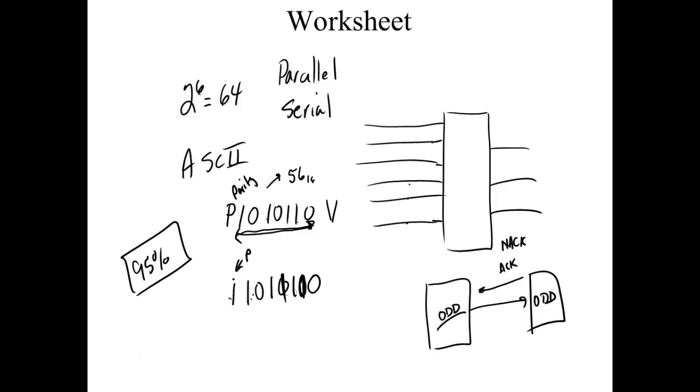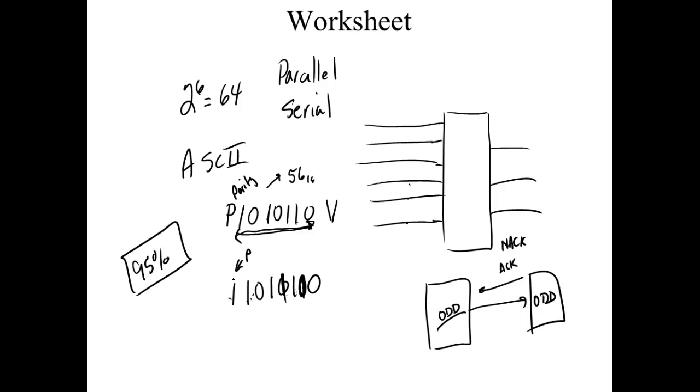So your mass storage devices now really don't use parity. They use something called a CRC, cyclic redundancy code, but it sacrifices a lot more bits. What we do now with our mass storage devices is transmit what we call packets, which are groups of ones and zeros, so we can sacrifice a lot more bits. But parity is still used, just not as often as it was.